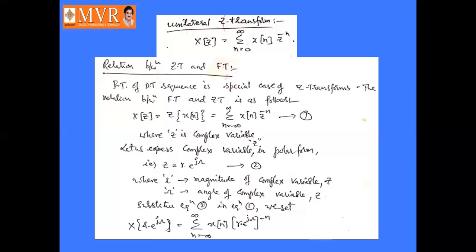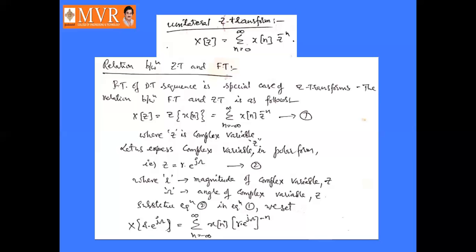Let us express this complex variable z in polar form for our analysis purpose, or for our simplification purpose. We will express this z in polar form, that is magnitude and phase angle form. So that is z equal to r into e power j omega. That is equation number 2, where r is the magnitude of the complex variable z and omega is the angle of the complex variable z.